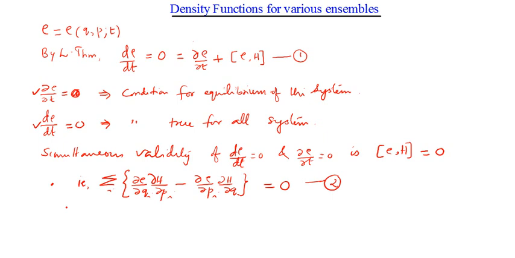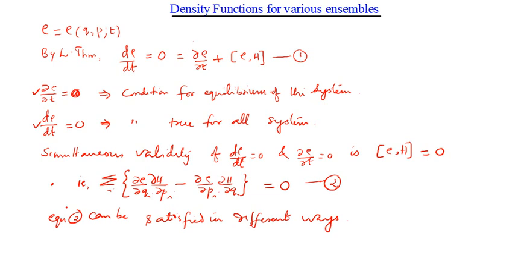So equation number 2 can be satisfied in different ways. It's not a unique way. In different ways the Poisson bracket of rho with h can be equal to 0.